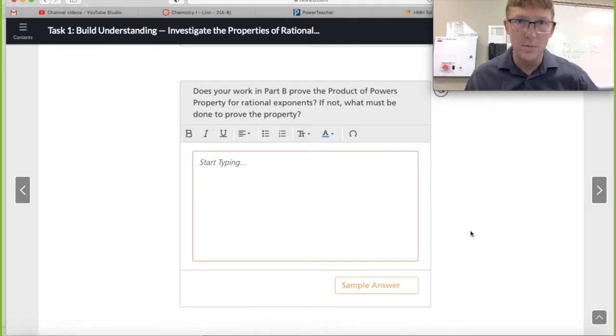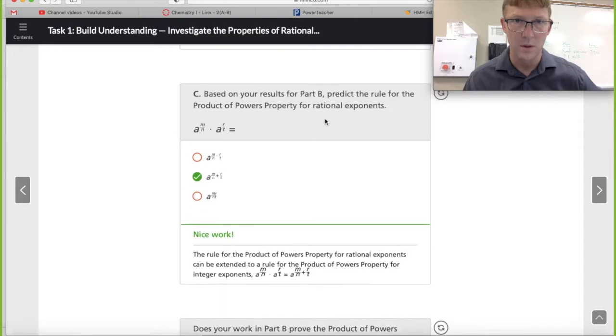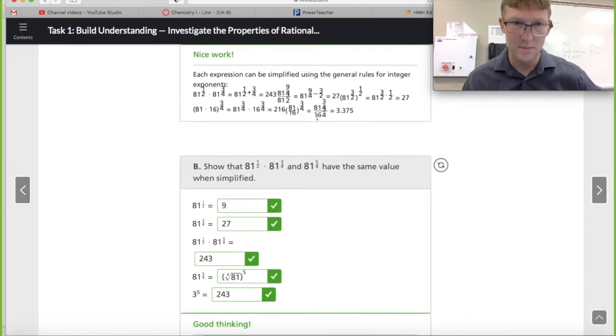Does your work in part B prove the product of powers property for rational exponents? If not, what must be done to prove the property? I would say it mostly proves it.